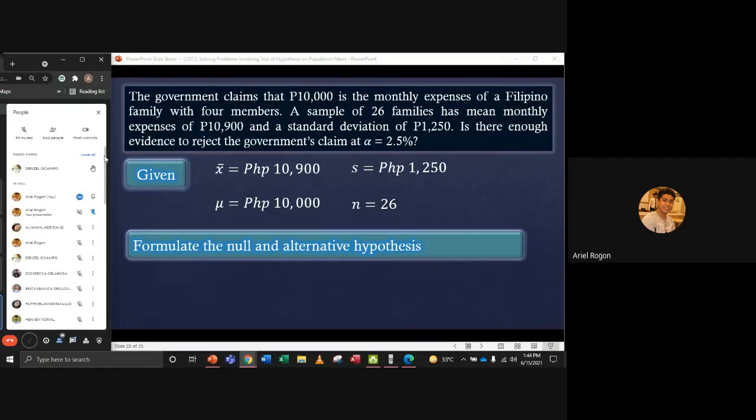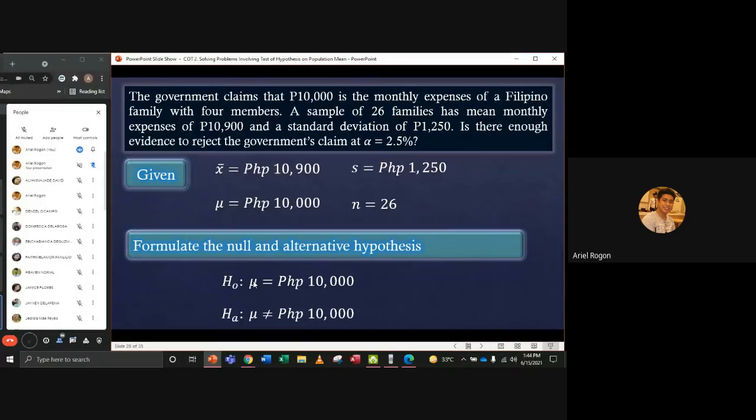Mortera. The null hypothesis is equal to 10,000. And how about the alternative hypothesis? Alternative is not equal. Okay, not equal. So meaning this problem is an example of a two-tailed test since your alternative hypothesis is not equal.